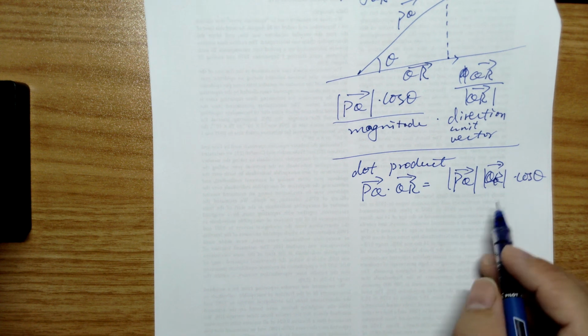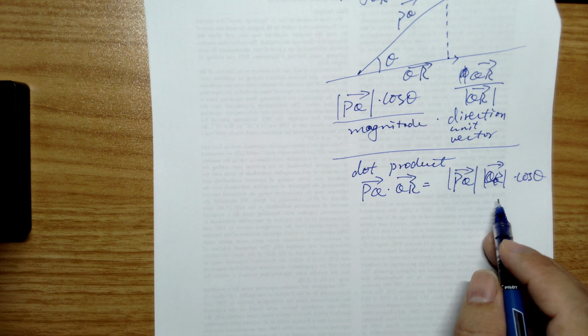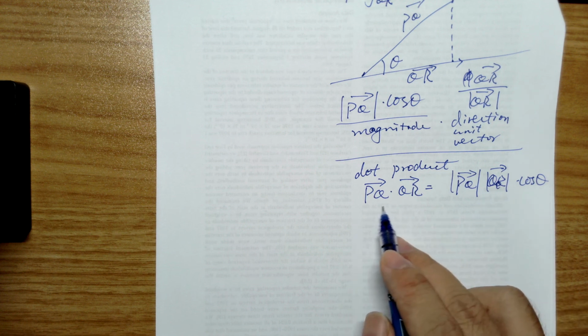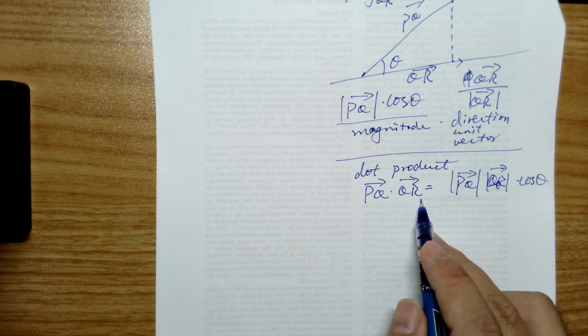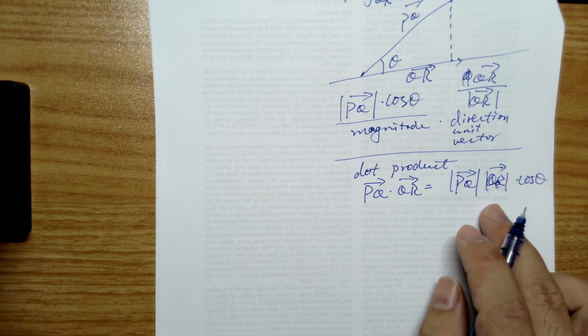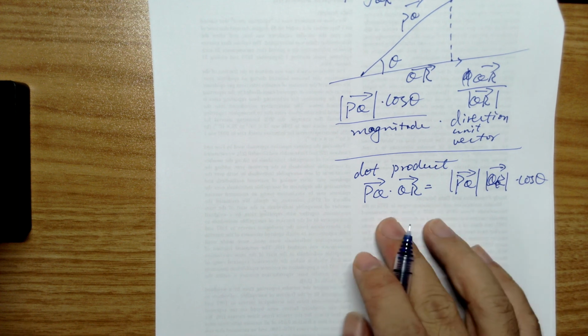With this in mind, the magnitude we get is PQ dot QR over the magnitude of QR.